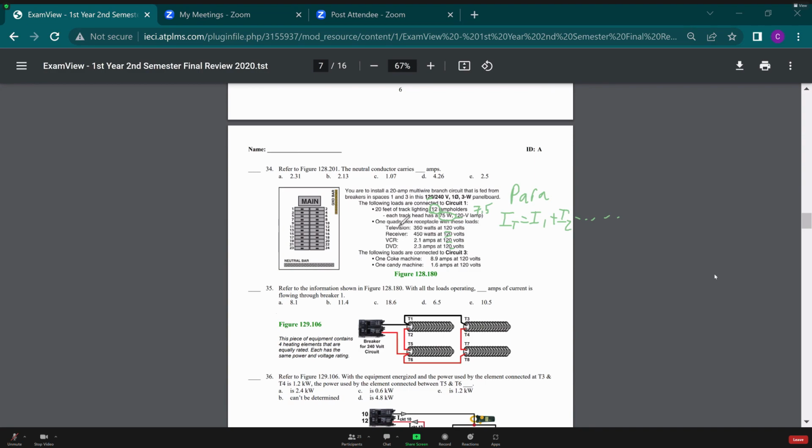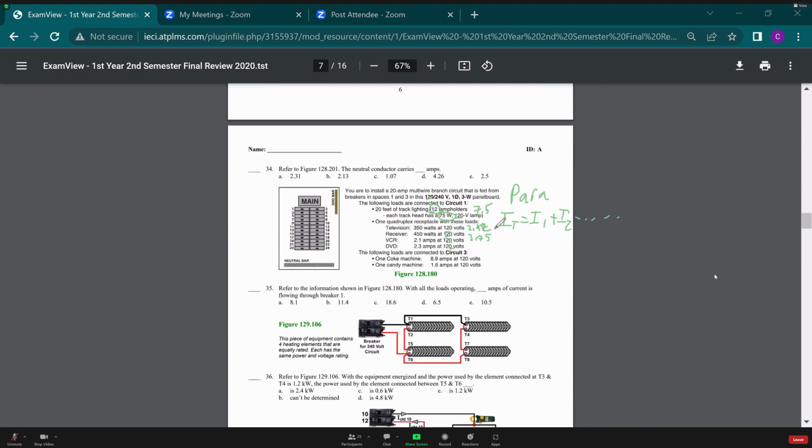And then I can do the television and the receiver, just watts divided by volts. That's 350 divided by 120, 2.92, I apologize. And then 450 divided by 120, 3.75.